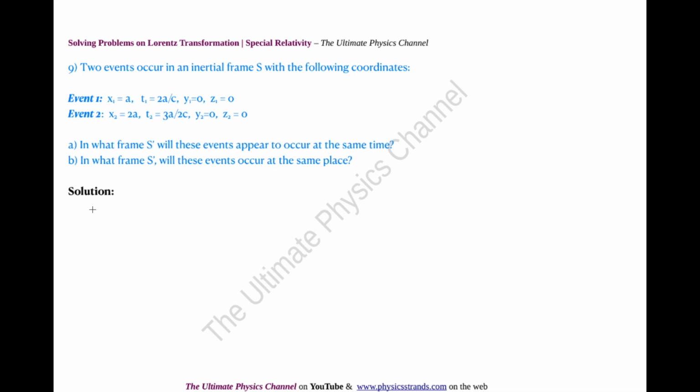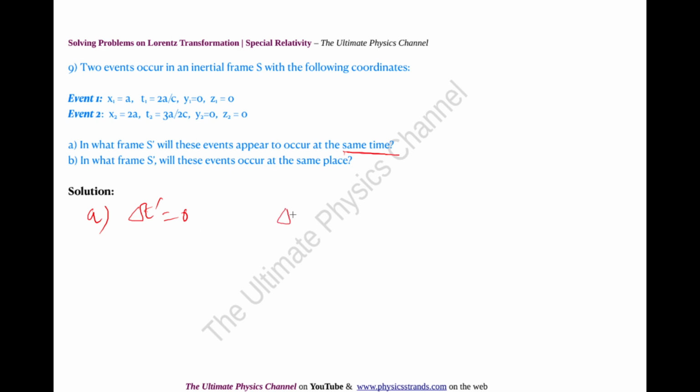First case A, let us say. They're asking in what frame S prime this is occurring at the same time. So I say that del t prime in that case has to be equal to 0.